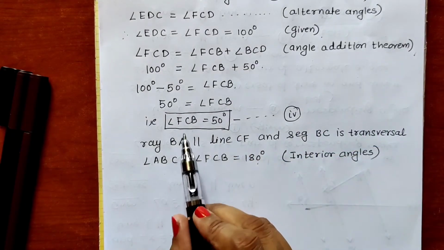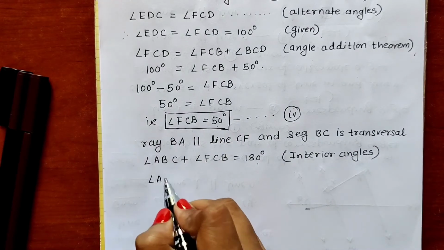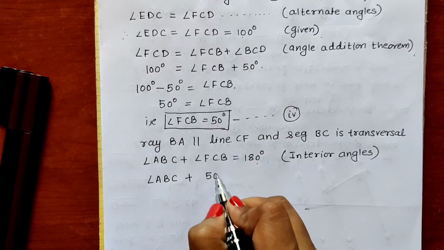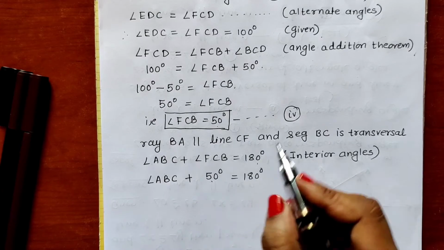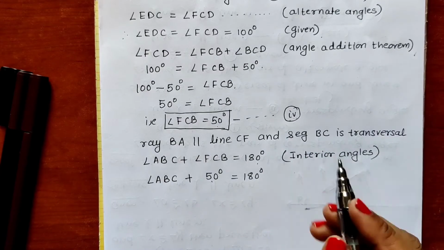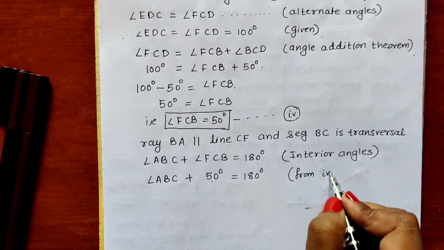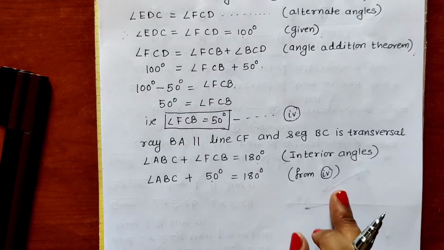Now from 4 we can write the FCB value. Angle ABC as it is, plus FCB which is 50 degree, is equal to 180 degree. Where have we written FCB 50 degree from? From the fourth statement. So the reason is from 4.